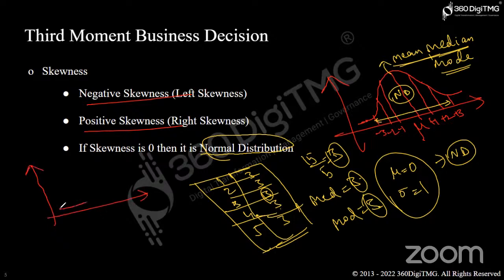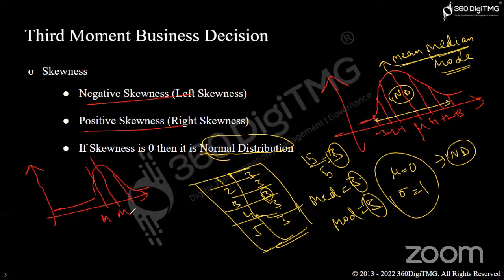So it can have a shape like this, where I'll be writing the mean value, which I have written already in the center, and you'll be having the median and the mode.